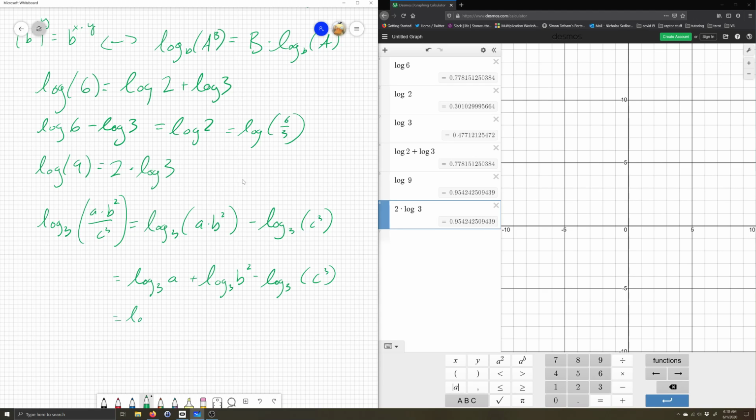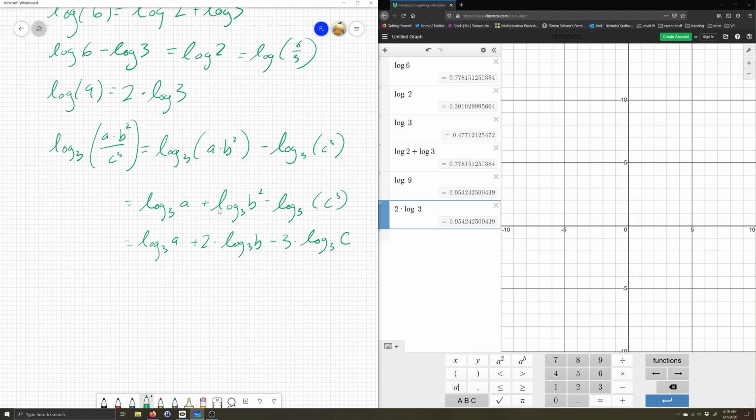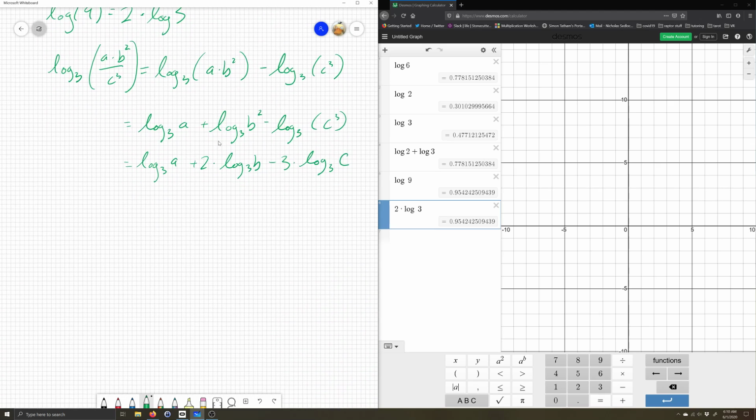And the last thing I can do is pull those exponents out in front. And in that way, I can expand these logarithmic expressions. And this is something that can be useful when we do calculus with these things.